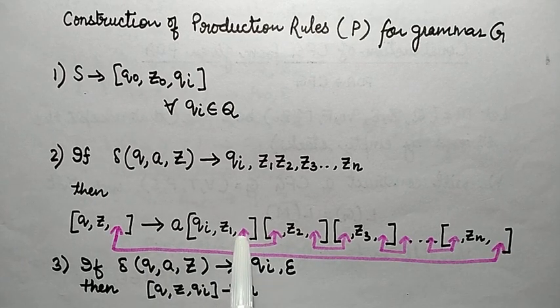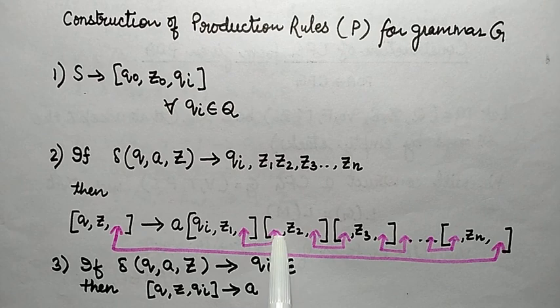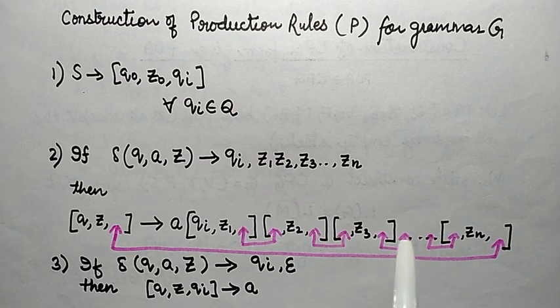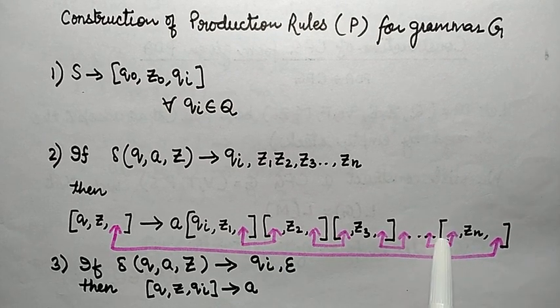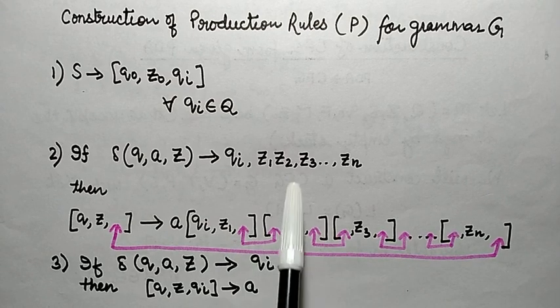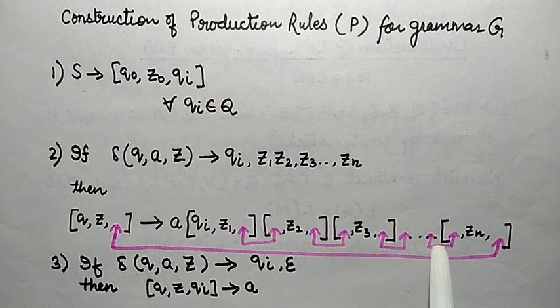The state written here will be same as the state written here. These two states will be same, these two states will be same, these two states will be same. And here we will write all these stack symbols in the same sequence. Then if we have a transition rule in the PDA in this form, we will write the production rule in the grammar corresponding to this transition rule in this form.